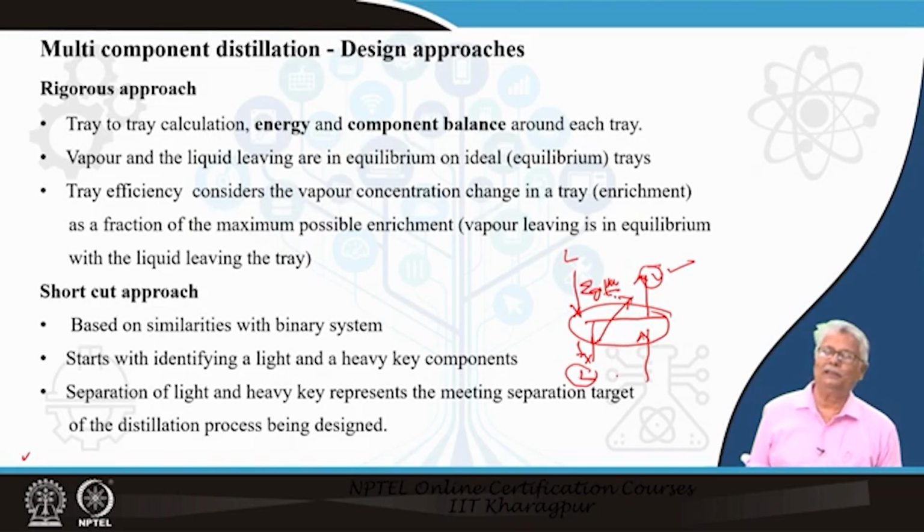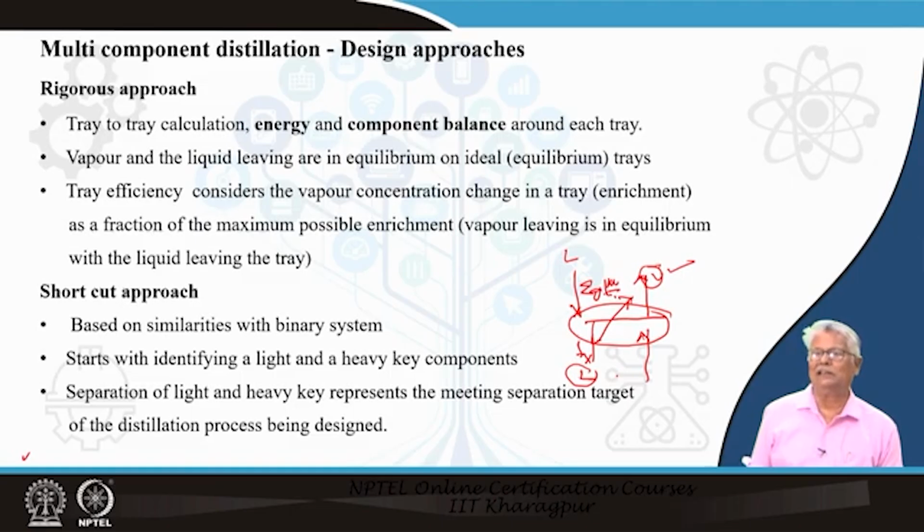So, there has to be a balance of enthalpy coming in and going out. Exactly in the same way, in the same envelope, there should be a balance of every component that comes in and goes out. That means, we first start with an equilibrium approach, an ideal tray.